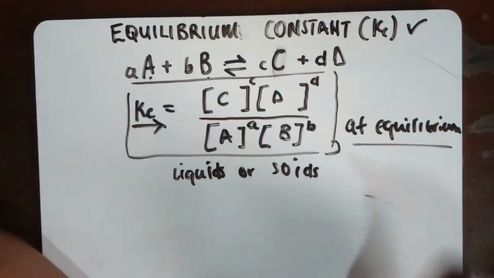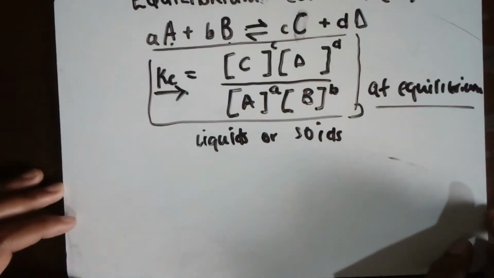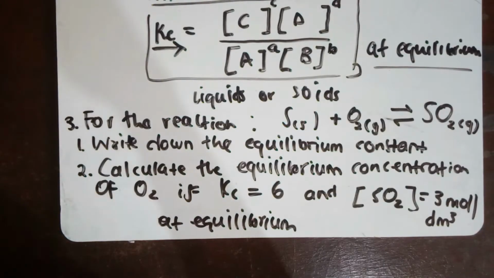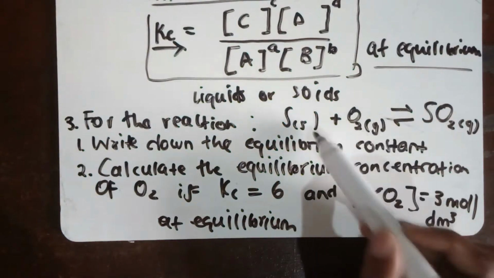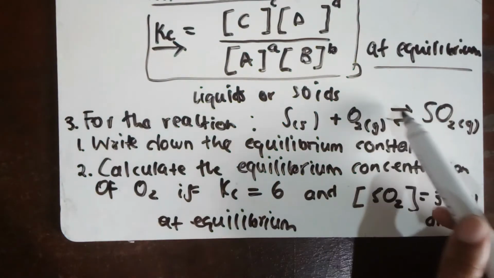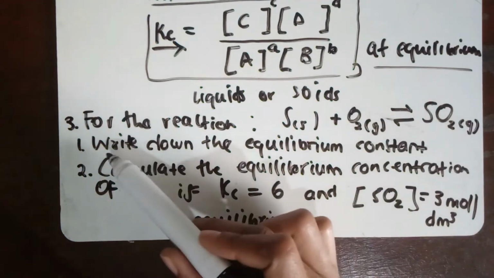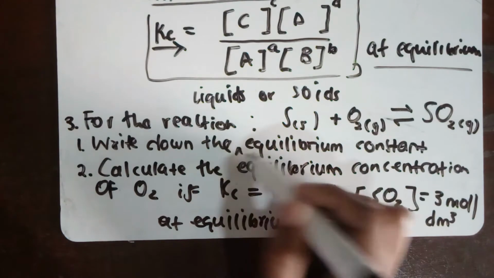So let's take a quick example. It says, for the reaction where you're reacting sulfur, which is a solid, plus oxygen, which is a gas, in a reversible reaction to form sulfur dioxide, write down the expression.